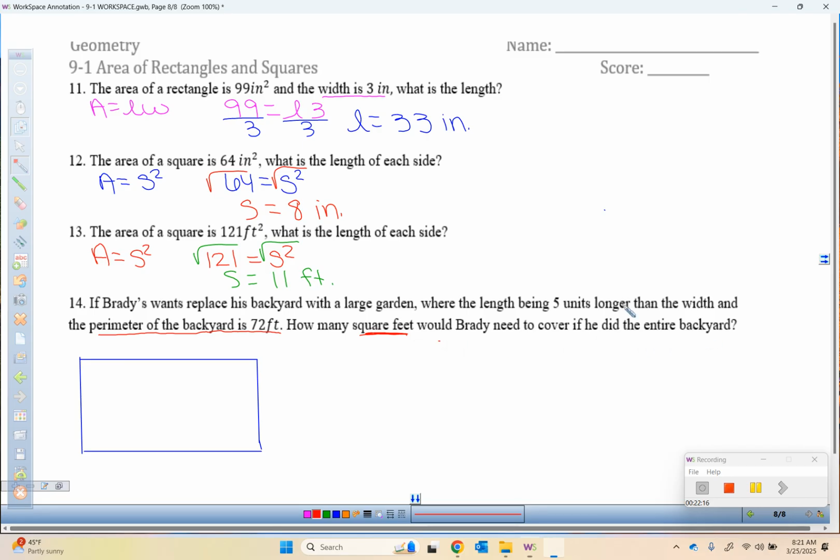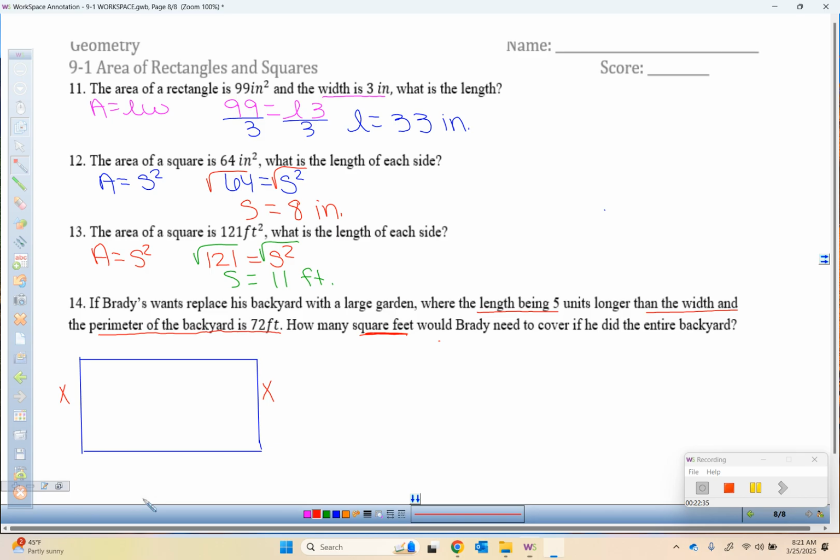Whenever you see square feet, that means the area. So we know that the length is 5 units longer than the width. Here's our width, and I'm going to call it X. This side is the same as this side, so I can make them both X. And my length is 5 units longer than the width. So what would my length be?